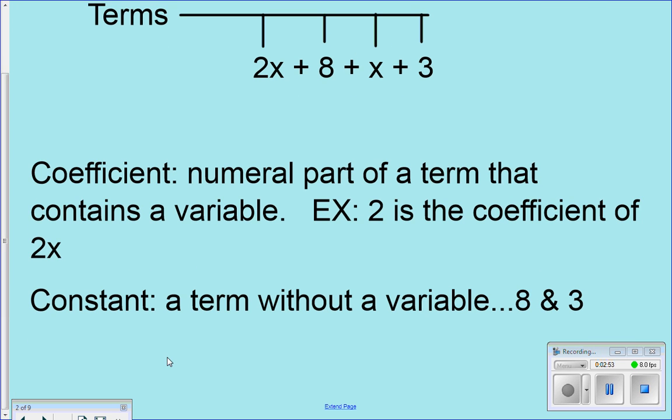The number part of the term that contains the variable. So for an example, that 2 is the coefficient of 2x. And I'll talk about that more if you get it written down. So coefficient is, if there's something with a variable, the number that's with that variable.